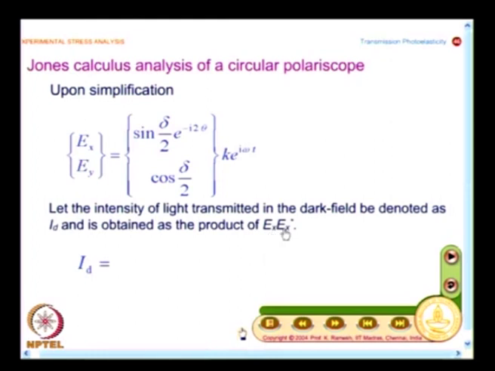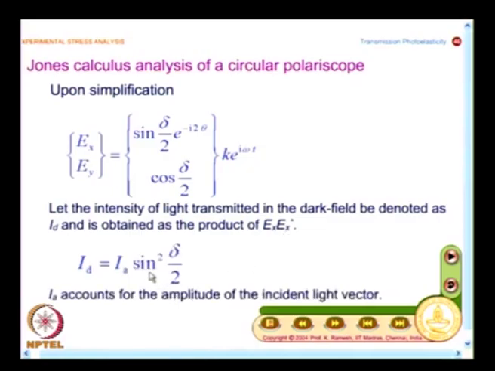I get this as E x into E x star, where E x star is the complex conjugate, and I simply get this as I a sin squared delta by 2, and I a accounts for the amplitude of the incident light vector. And what you find here is, this expression is independent of theta.